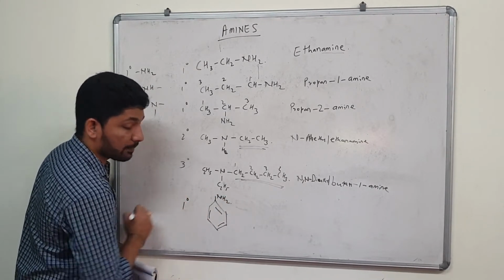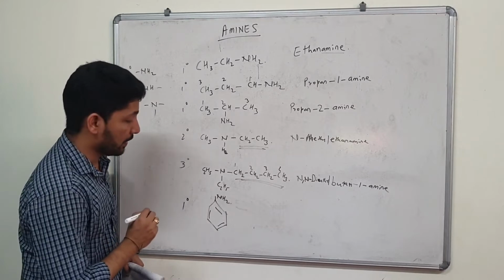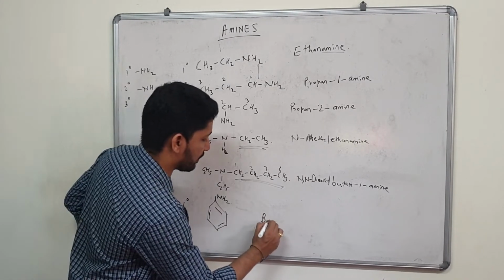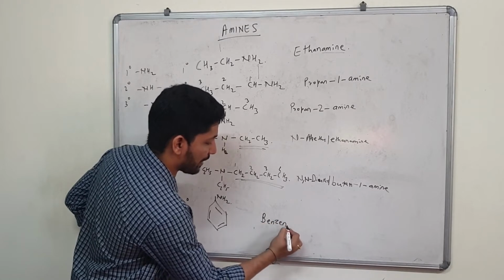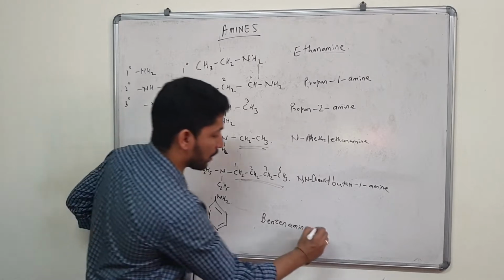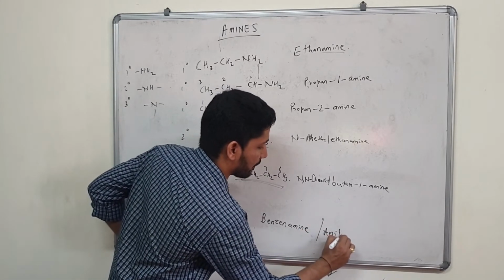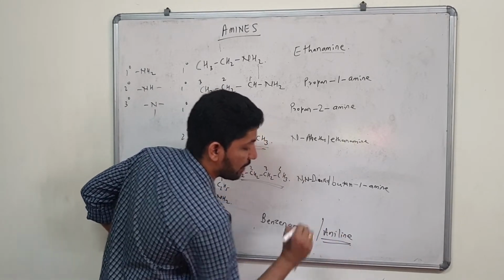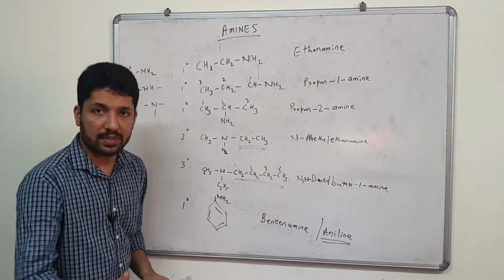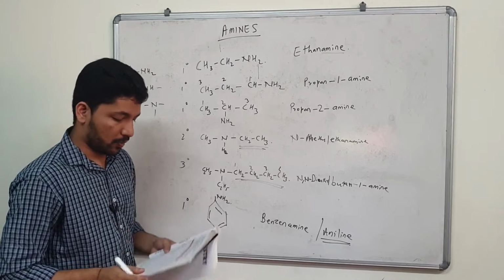This is of course a primary amine and its name is benzenamine. So the last e is replaced by amine, but it's more commonly called aniline, and this is the most commonly used name for this compound, and many reactions are possible with this compound, okay.